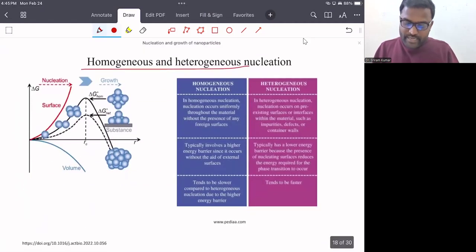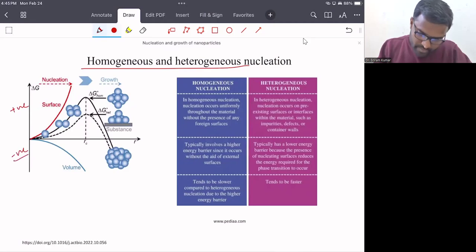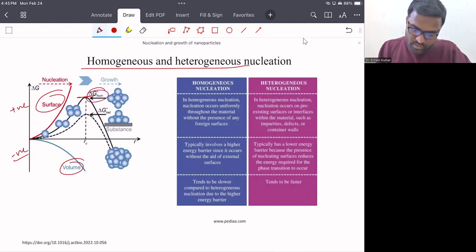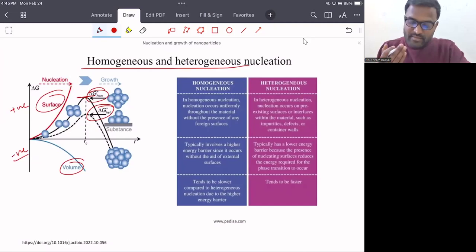If you want to understand the difference between homogeneous and heterogeneous nucleation processes, if you look at this figure, we have delta G there, with a volume contribution and a surface energy contribution. So here we have the energy barrier. This energy barrier is for the homogeneous nucleation, and this barrier is for the heterogeneous nucleation. So based on this plot, heterogeneous nucleation has a lower energy barrier as compared to homogeneous nucleation.